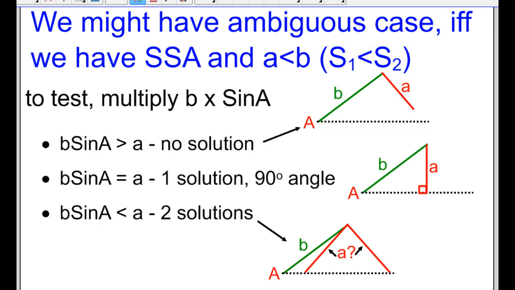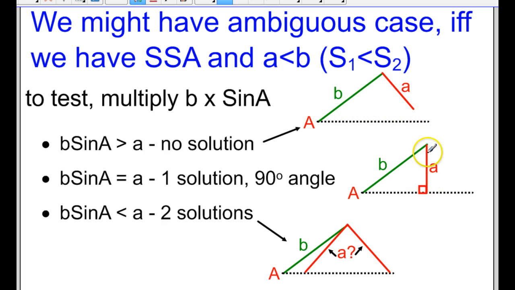Okay, so if we look at our diagram down here, we always label angles and sides that are opposite each other with the same letter. Small letters represent the sides, capital letters represent the angles. So the various possibilities are that we have this side, side A, being too small to reach where we want our line to be.